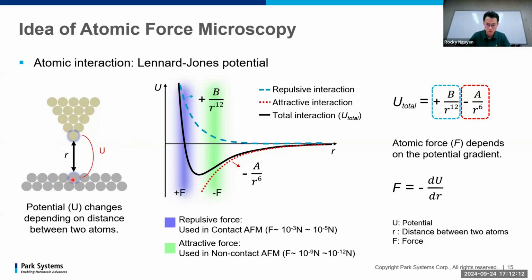According to Lennard-Jones, the two atoms will attract each other at a far distance, and they will repel each other at a very close distance. So by selecting the tip and sample distance, we can control the measurement in typical contact AFM measurement or non-contact and tapping AFM measurement. So contact, non-contact, and tapping are the basic imaging modes of an AFM.